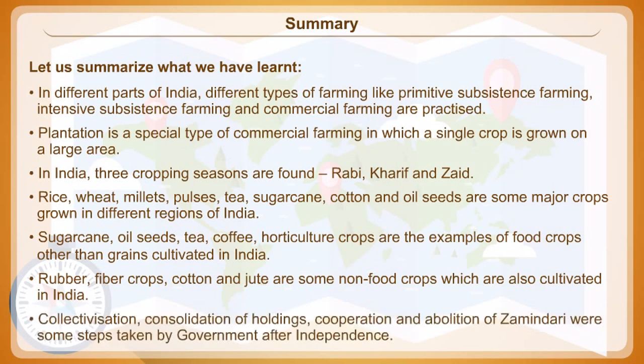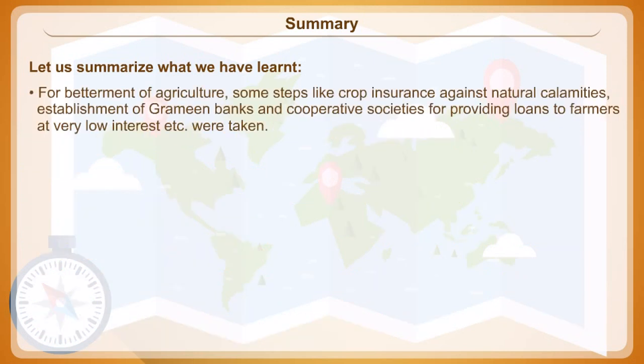Collectivization, consolidation of holdings, cooperation and abolition of zamindari were some steps taken by government after independence. For betterment of agriculture, some steps like crop insurance against natural calamities, establishment of Grameen banks and cooperative societies for providing loans to farmers at very low interest, etc. were taken.